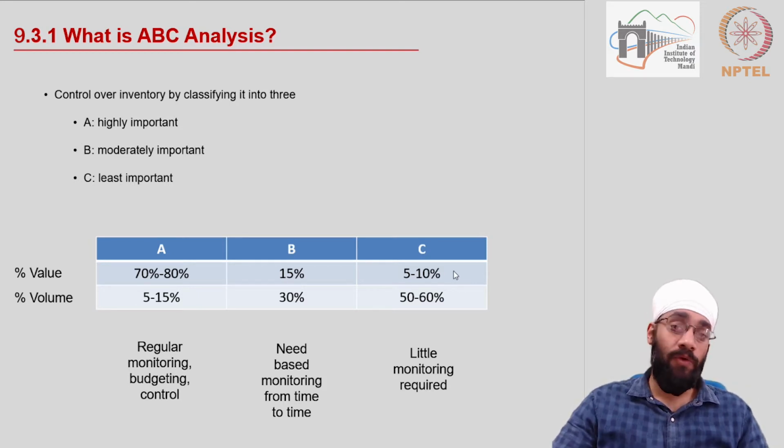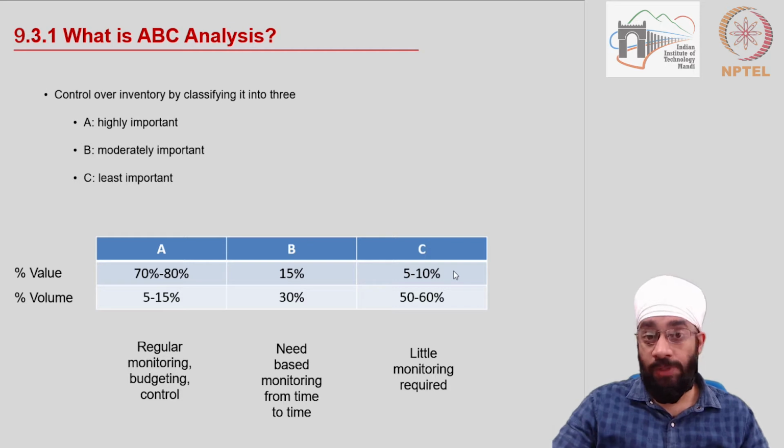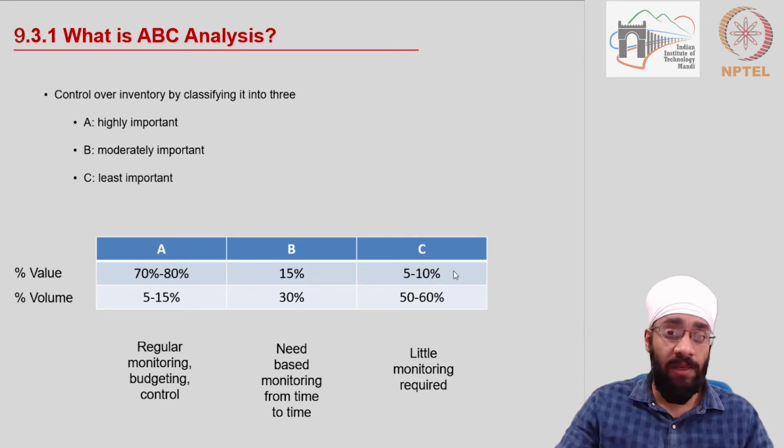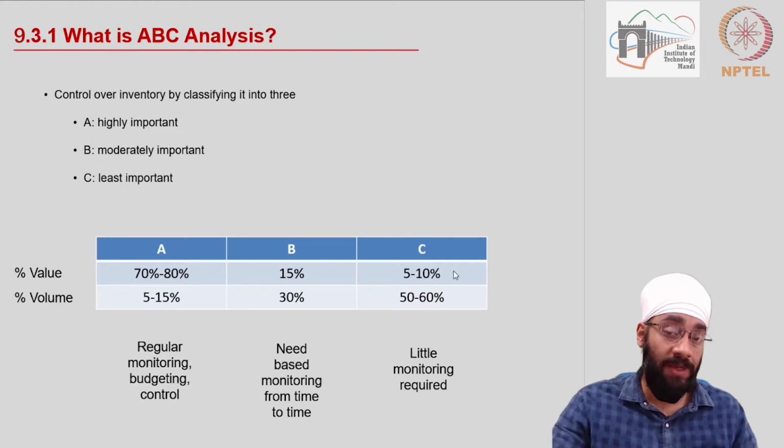So management wants to focus its energy on things whose total value is much higher than the rest, even if the quantity of these things is going to be less.